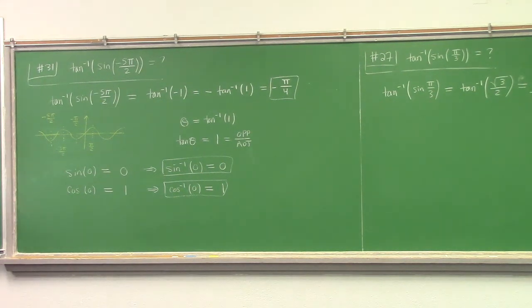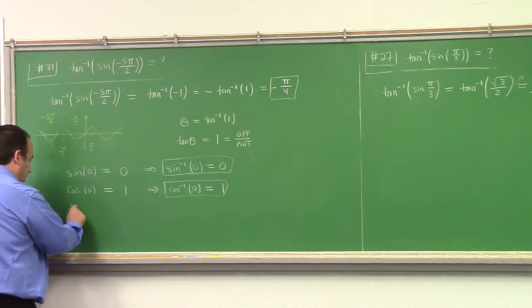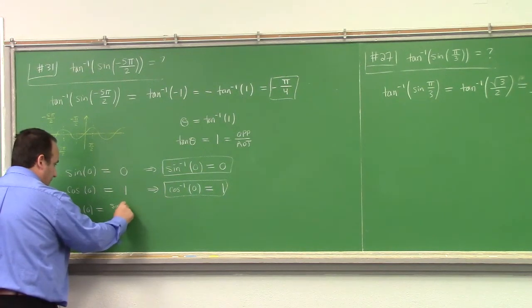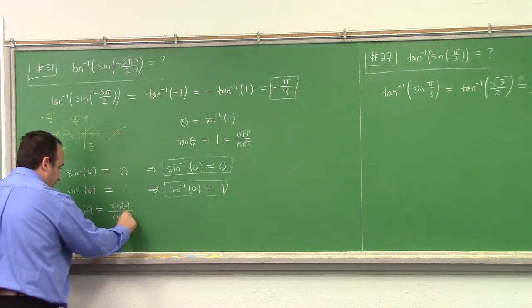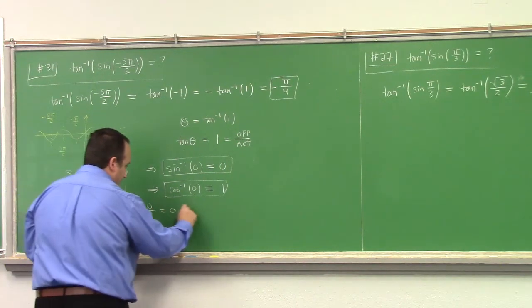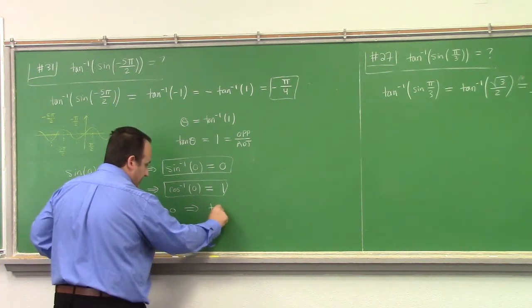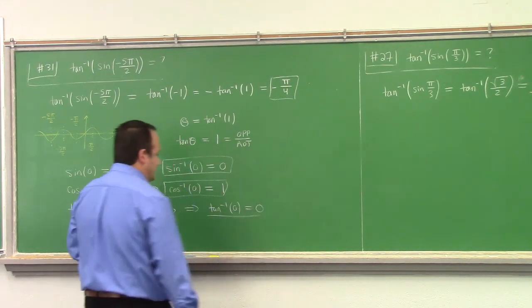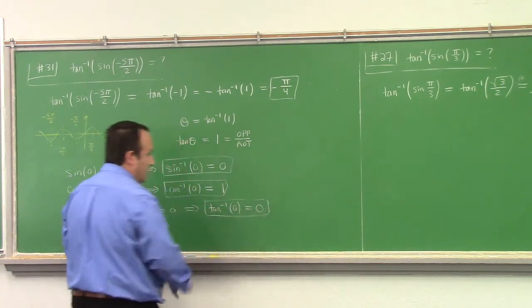Tangent of 0 is sine of 0 over cosine of 0, which is 0 over 1, which is, of course, 0, which tells me that inverse tangent of 0 is also equal to 0.